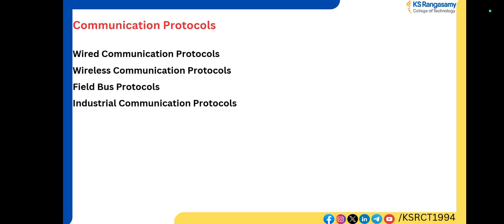Some of the protocols that support wired communication are GPIB, RS-232, RS-485, then Ethernet. Also we have Virtual Instrument Software Architecture, simply called VISA, for interfacing with a variety of communication protocols.